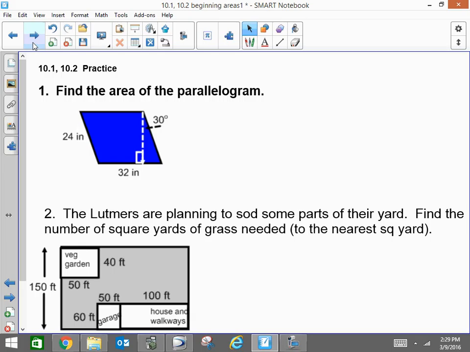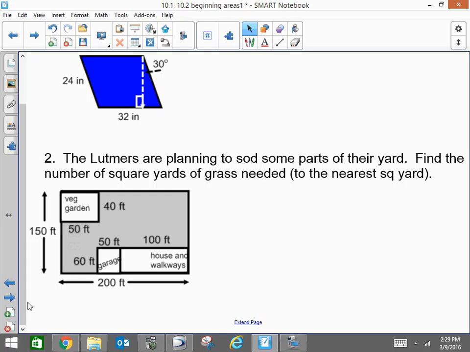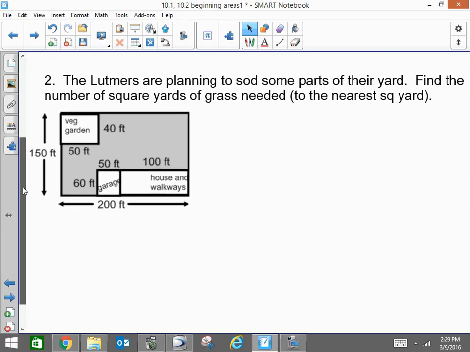All right. So go ahead and get your things, and we will mix it up a little bit. I already made a space for you. I'm going to do this number 2 first.